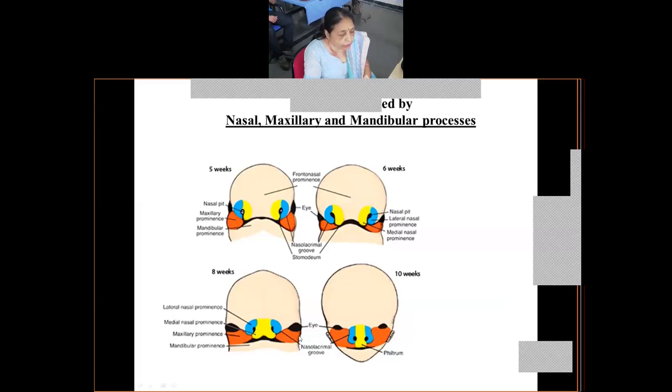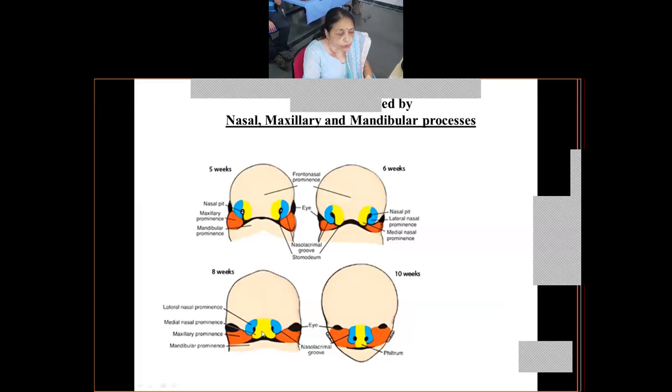So here you can see the maxillary process is compressing the medial nasal processes, and the two medial nasal processes are also fused with each other, and they will form the bridge of the nose, the crest of the nose and the tip of the nose.